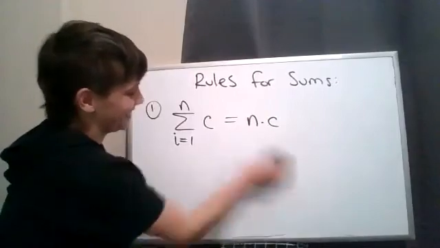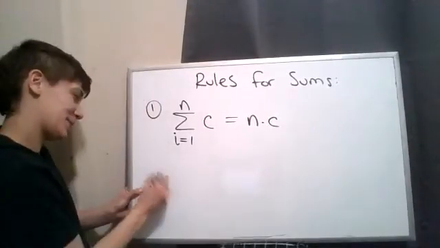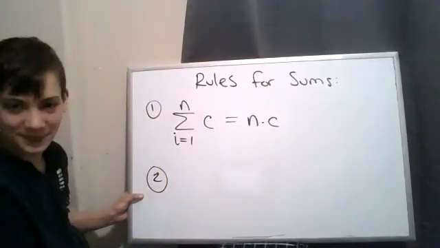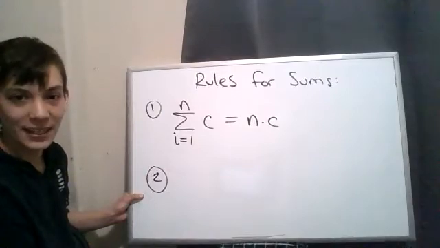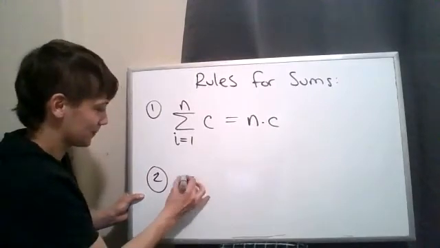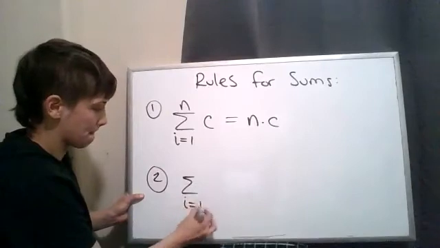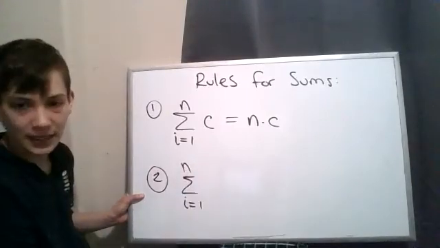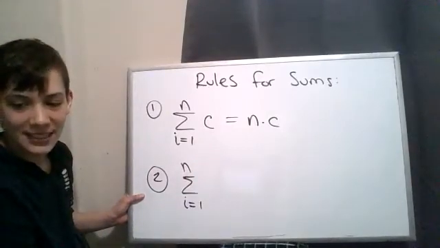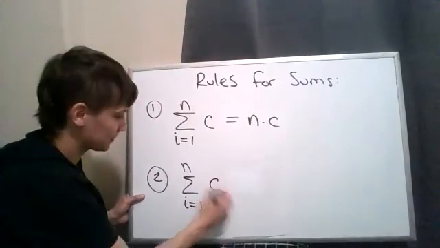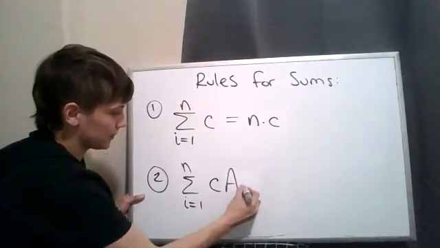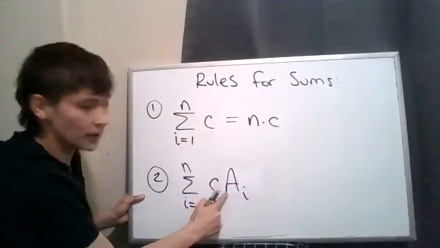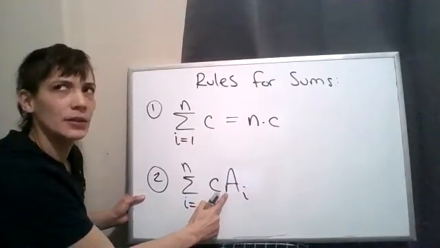Okay, the sum from i equals 1 to n of c times a sub i. So whatever, what did I say?